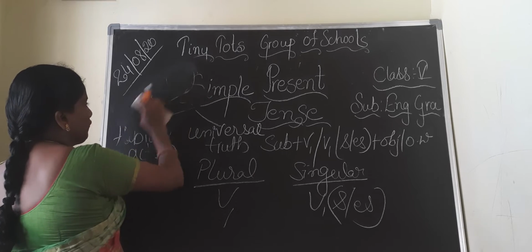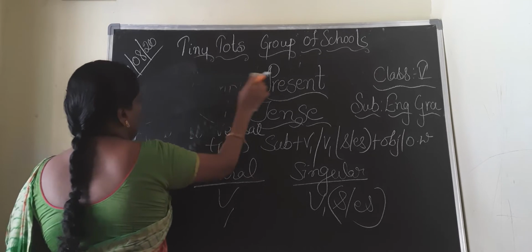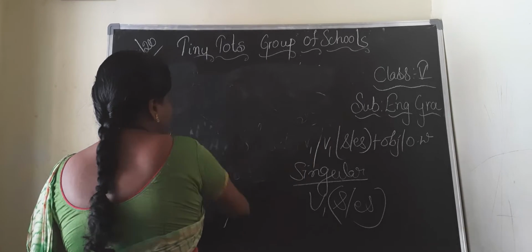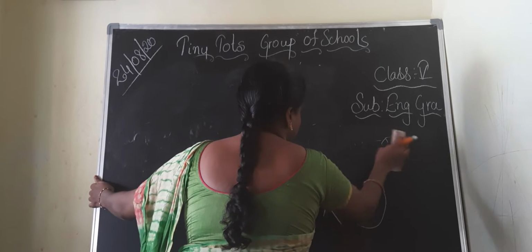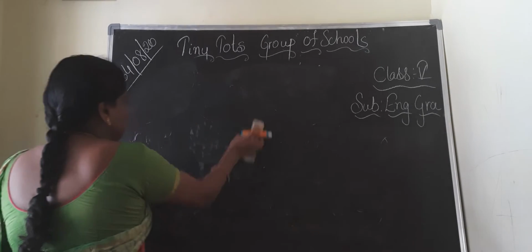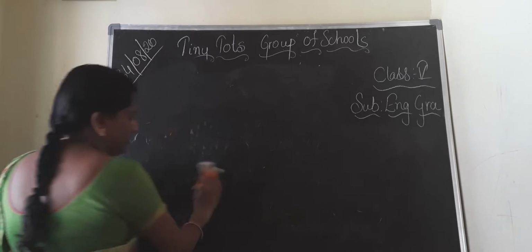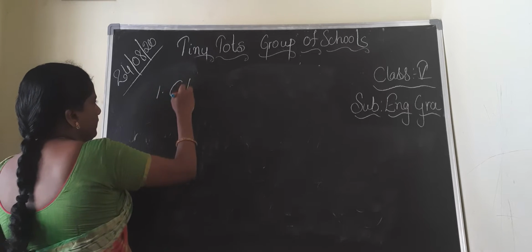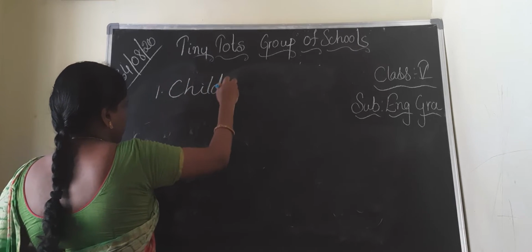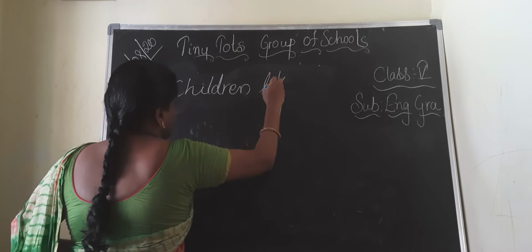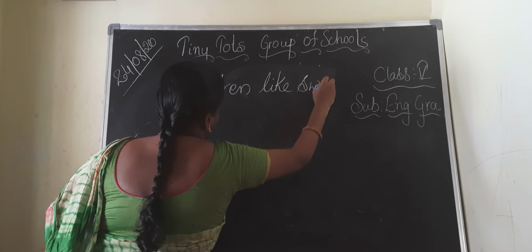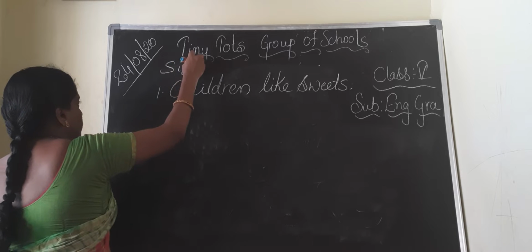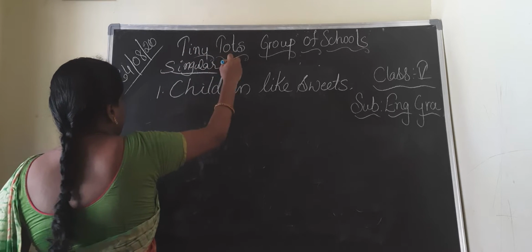Let us see, children, a few examples of how to write positive statements of the simple present tense with a plural subject or with a singular subject. Suppose they have given us "Children like sweets," and they told us to change the subject into a singular subject.